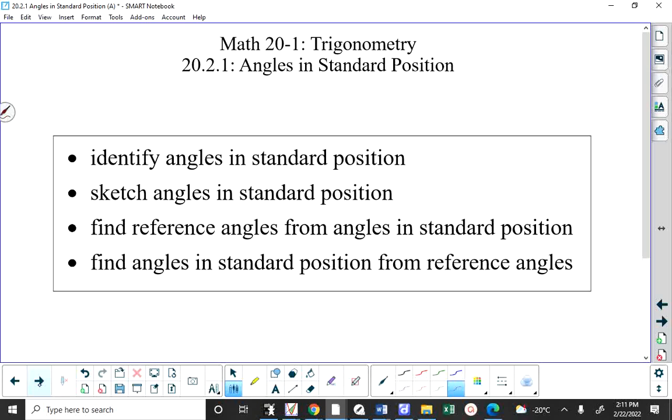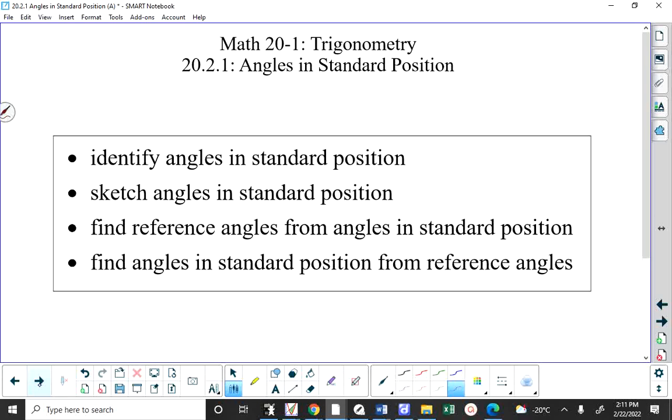And if you have a reference angle, oh, you already got one? If you have a reference angle, then you can calculate a rotation angle. And if you have a rotation angle, you can calculate or determine the reference angle. So there's a difference between rotation angles and reference angles.